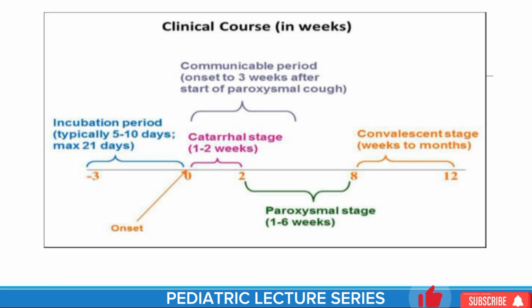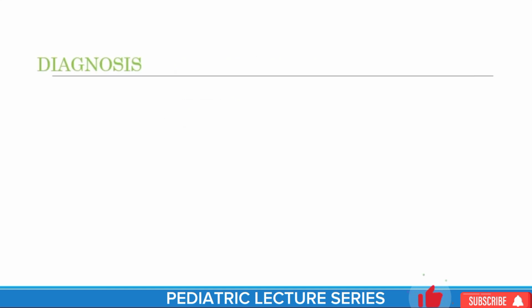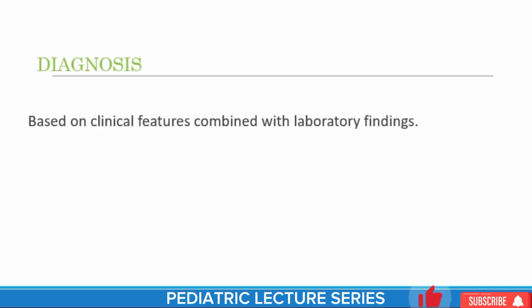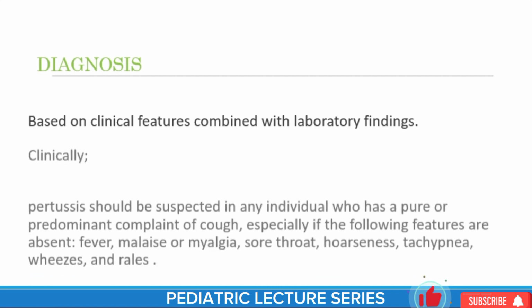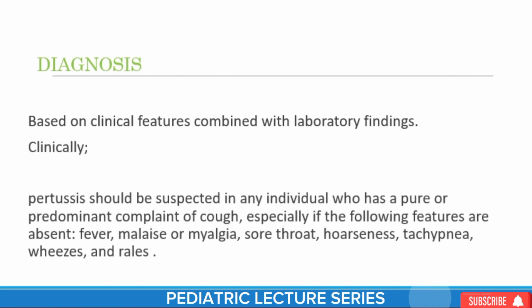All right, so let's look at how we diagnose. We diagnose this disease by combining clinical features with laboratory findings. The clinical features are those we have seen above in the 3 different stages. Clinically, pertussis should be suspected in an individual who has a pure or predominant complaint of cough, however the following features are absent.